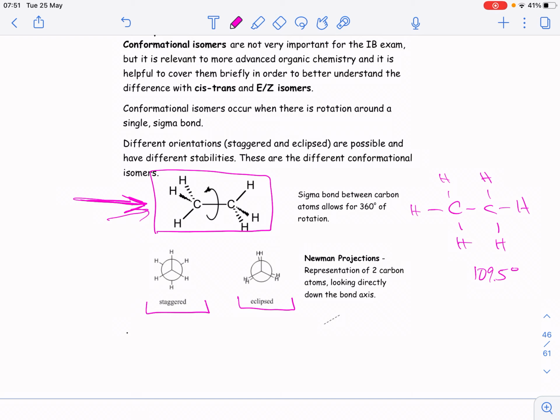So single bonds are able to rotate, therefore you can end up with these things, which are called conformational isomers. Now, as far as I can tell, all you really need to know about for the DP syllabus is that conformational isomers exist, and it has to do with different orientations from bond rotation.